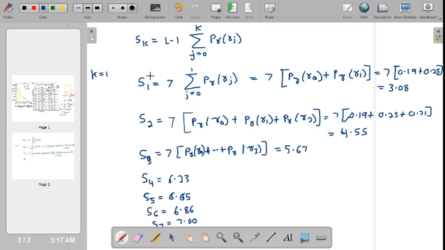So S0 was 0. Okay, S0, S1, S2, S3, S4, S5, S6 and S7. Okay, how did you get these values?